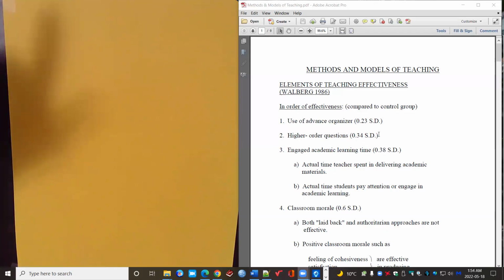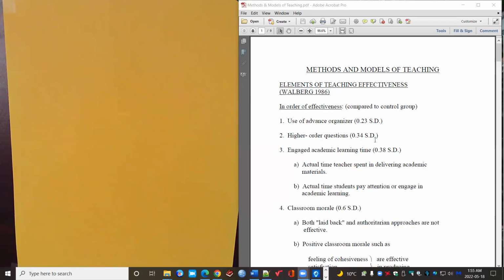So questions that call for greater intellectual work than sheer rote memory. Higher order means it is not just rote memorization. You are asking students to do more intellectual work, to think about it, to process it deeper, right? So that's the use of higher order questions.